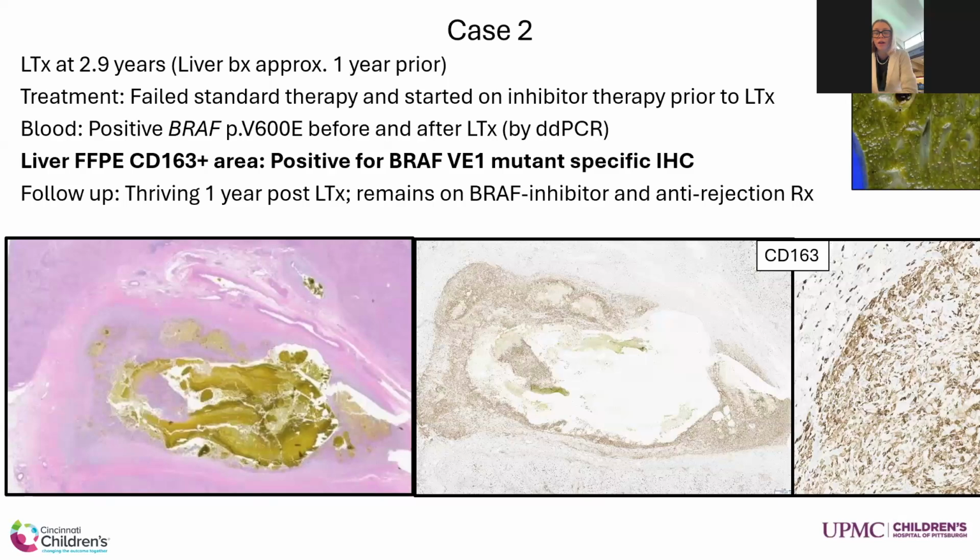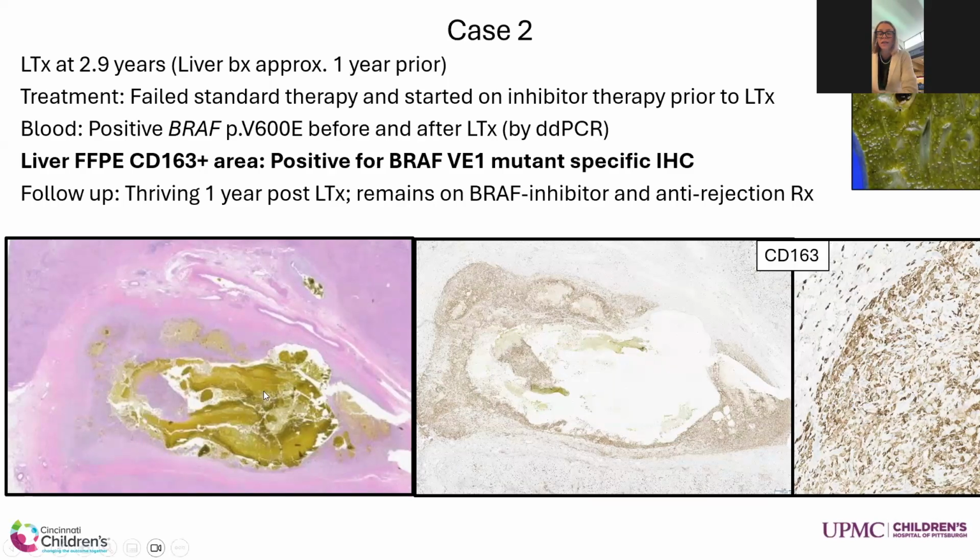Case 2 was similar, transplanted at about 3 years old with a liver biopsy about a year before. Again, failed standard therapy, but was started on inhibitor therapy prior to transplant. Similar story with positive blood testing both before and after transplant.